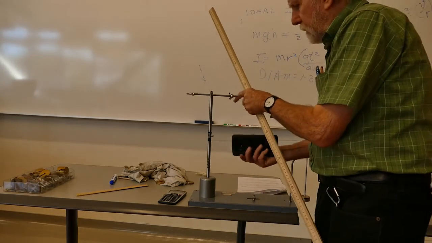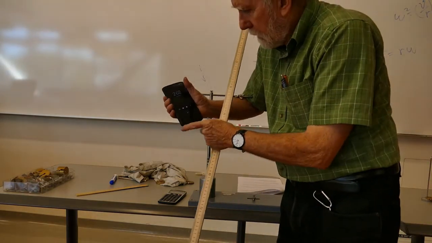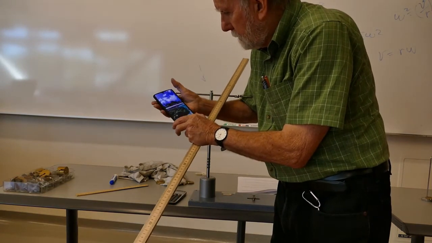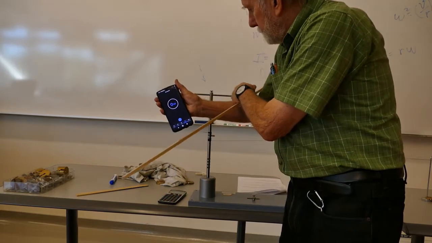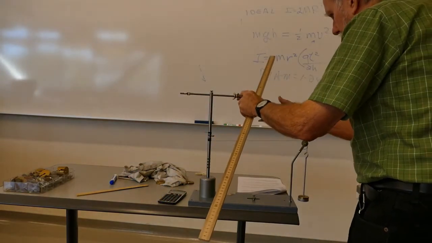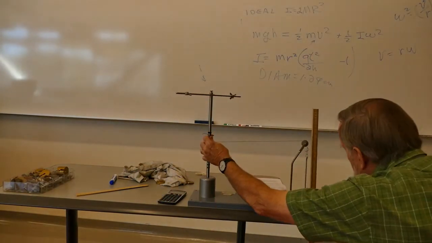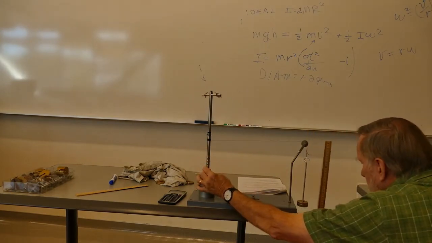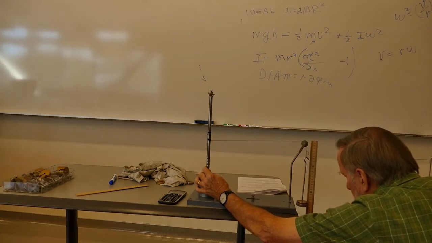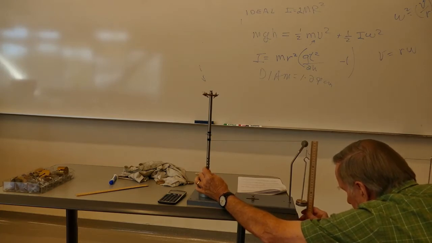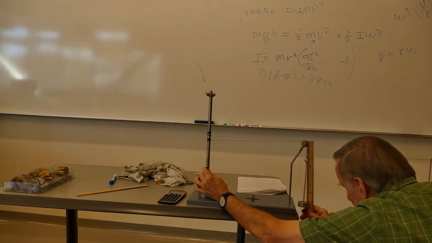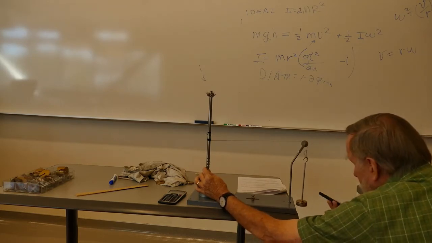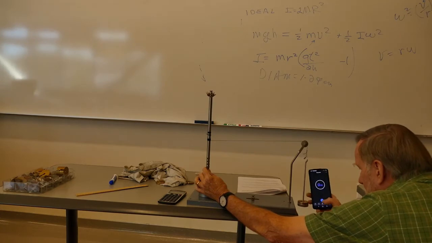I'm going to time it with my cell phone clock. I'm going to set it at the 75 centimeter mark at the bottom of it. Then I'm going to release it and start the watch at the same time.